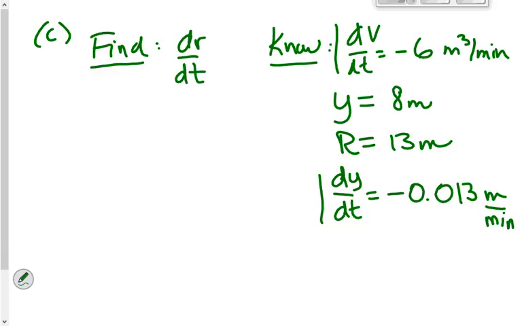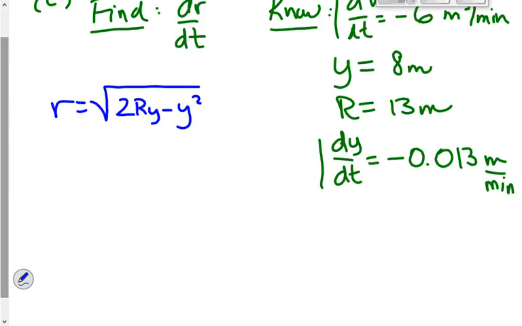Yes, we could just use the equation we found. In fact, that's why they asked you to find it. So r is equal to the square root of 2ry minus y squared. Okay. So I'm going to rewrite this as 2ry minus y squared to the 1/2 because I think it's easier to manipulate when we take the derivative.